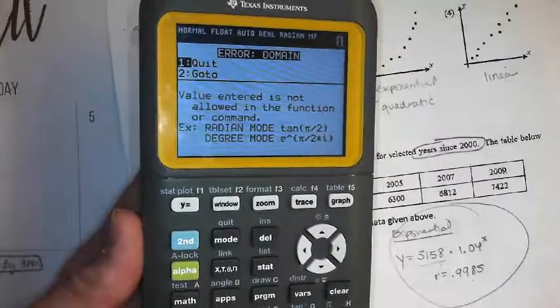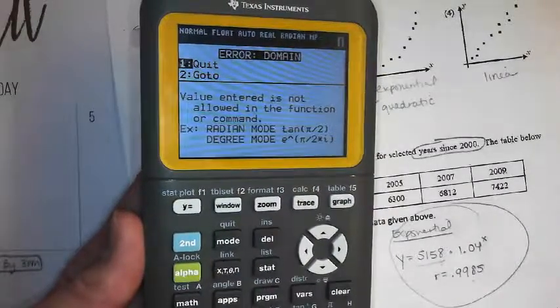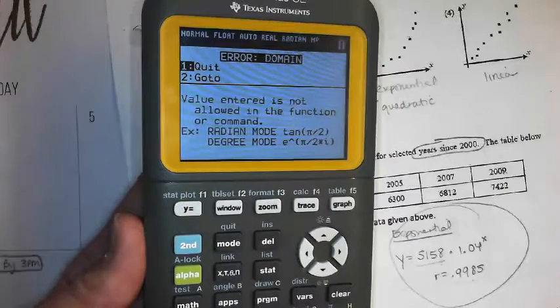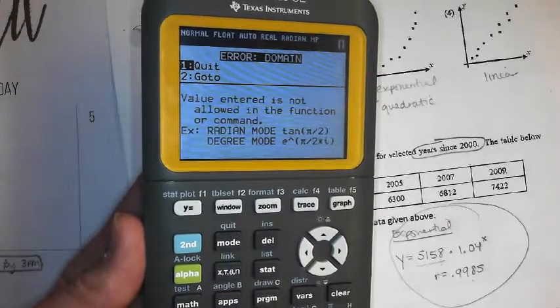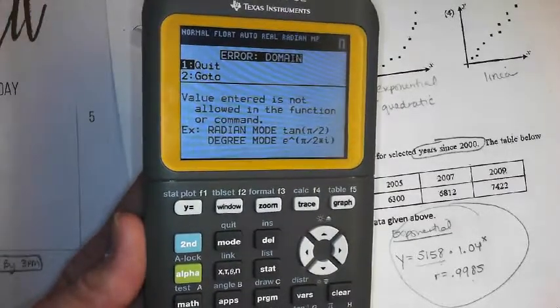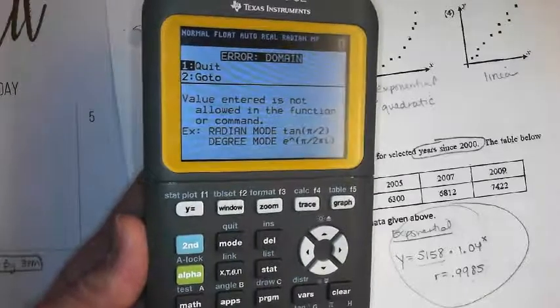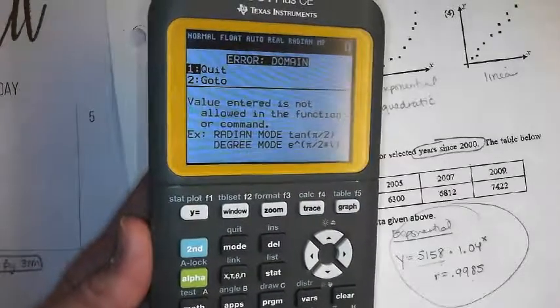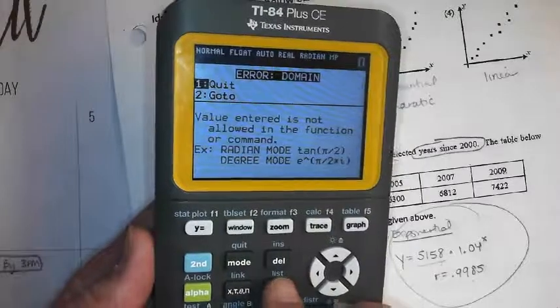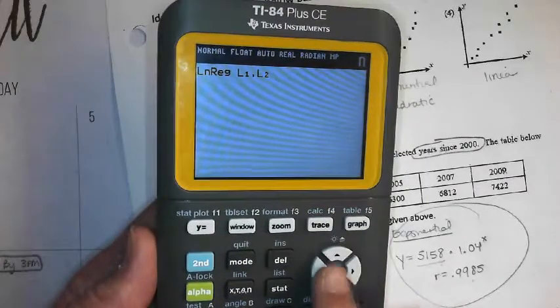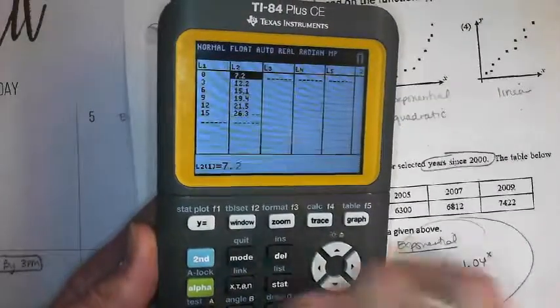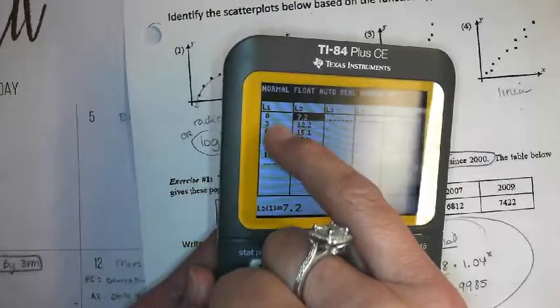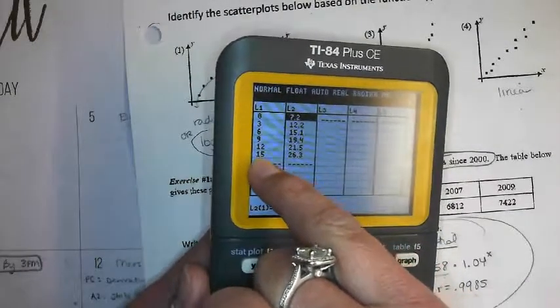What kind of numbers are you only allowed to take logs of? What'd you say? Nope. Positive. You can only take logs of positives, and the issue here is that if I look at my list, because it's 0 months, that's throwing things off.